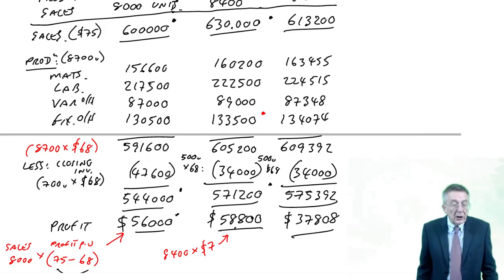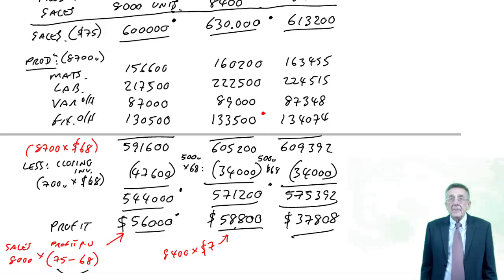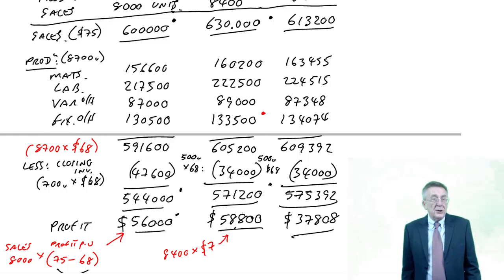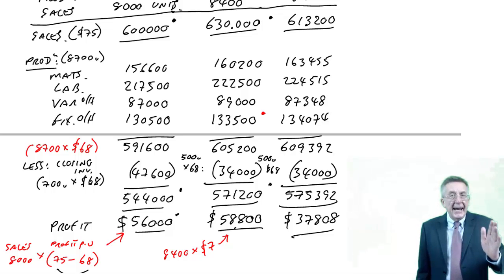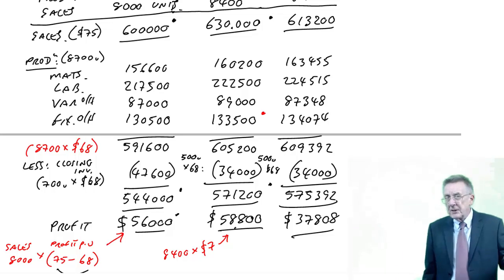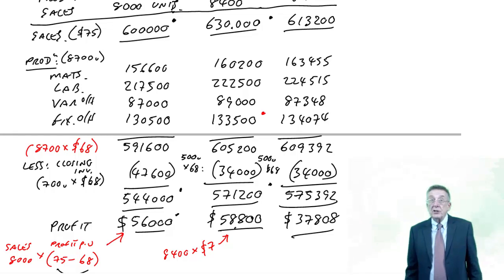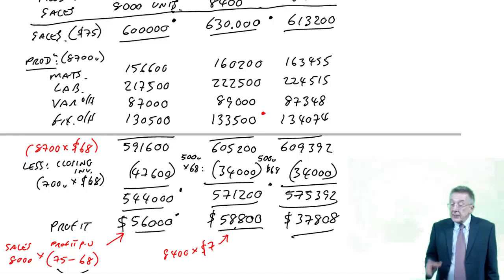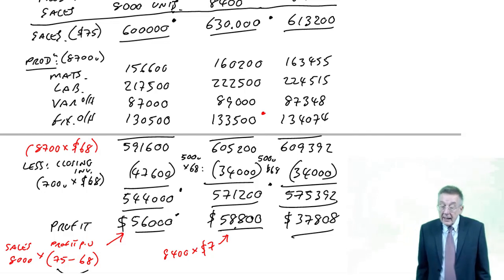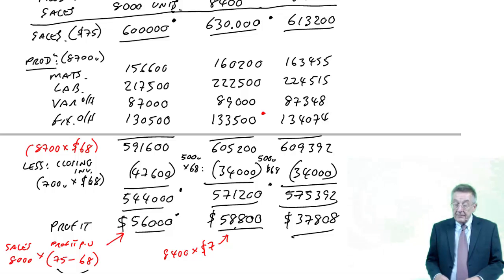Some months the actual cost per unit may be more than 68, some months less than 68. It's going to be a bit ridiculous normally if we change the value of the inventory month by month. So although we are allowed to change it, standardly, and certainly in paper F5, we keep the same standard costs throughout the year. It'll be 68 a unit.